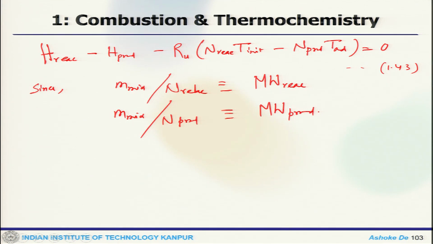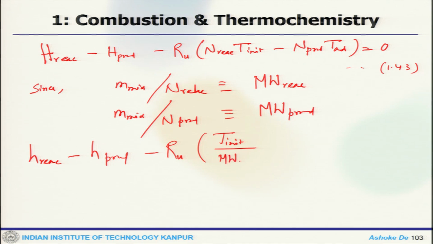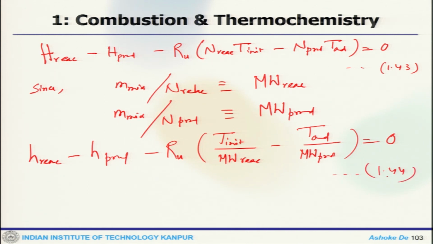So, per unit mass, if we write, we get small h reactant minus small h product minus Ru times (T init by Mw reactant minus T adiabatic by Mw product), which is 0. So, that is the equation you can get.